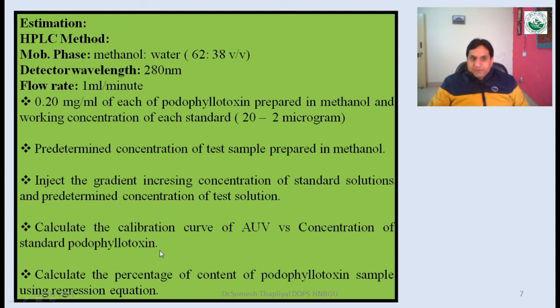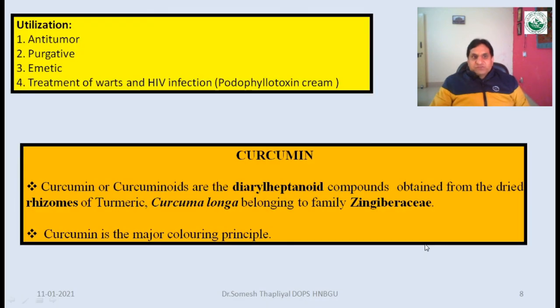So we will make a calibration between the area under curve and concentrations of the standard podophyllotoxin, by which we can calculate the percentage of podophyllotoxin in the sample using the regression equation. With the help of the regression equation we can calculate the percentage content of podophyllotoxin which has been isolated. So it is all about the estimation method.